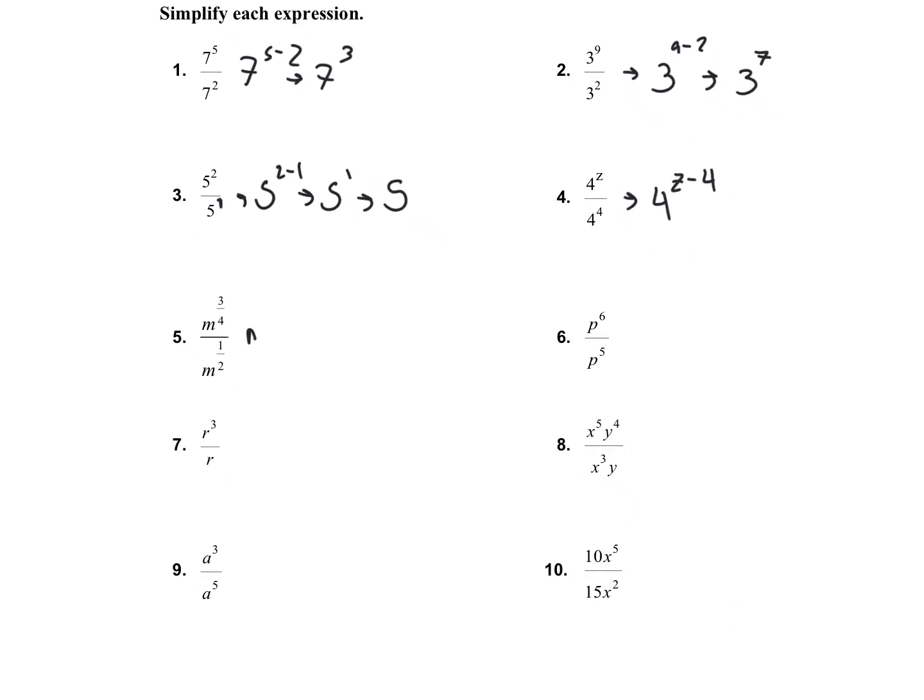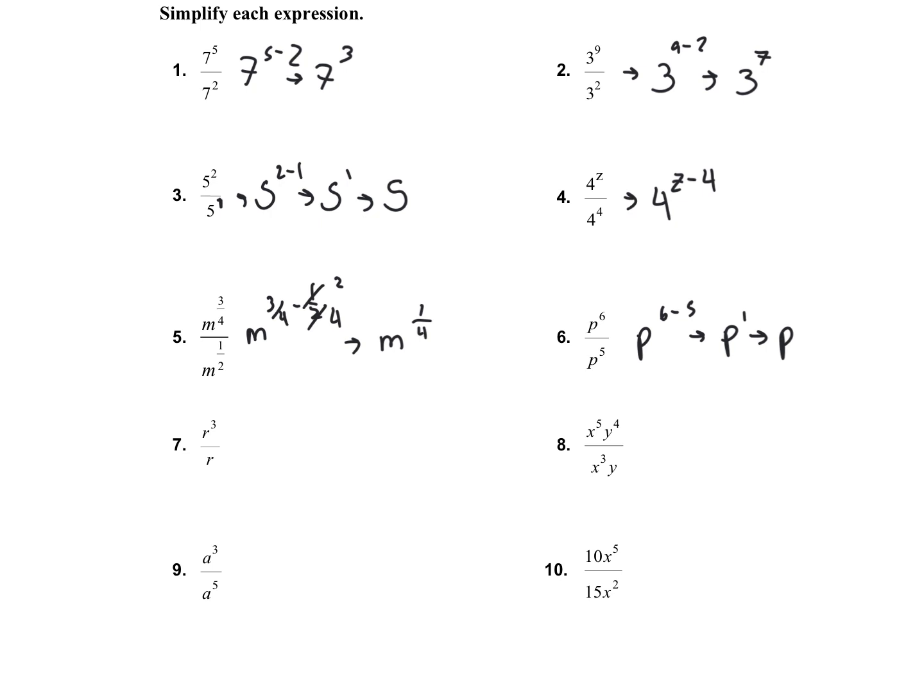Here we have m, 3 over 4 minus 1 over 2. This is going to become 2 over 4. So m is going to equal 1 over 4. For number 6, it is p, 6 minus 5, so it's p to the 1st power, so it's just p.